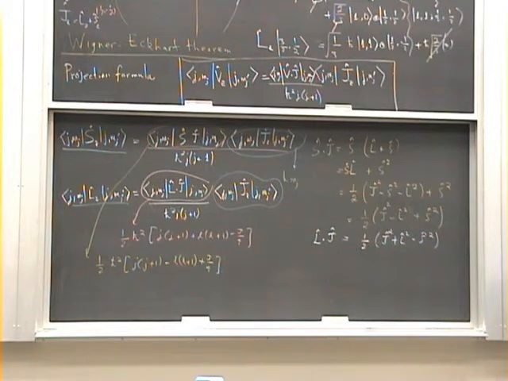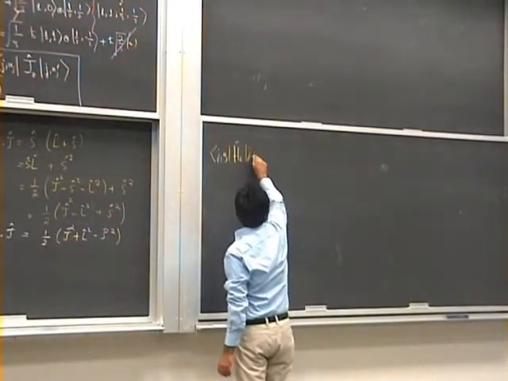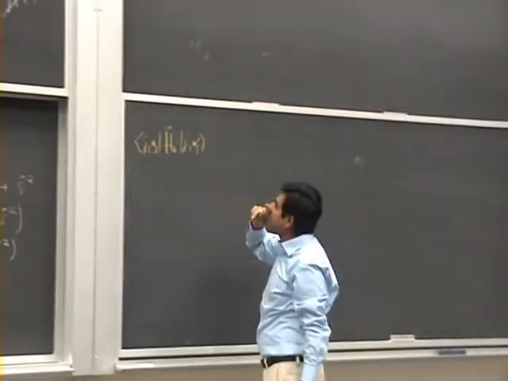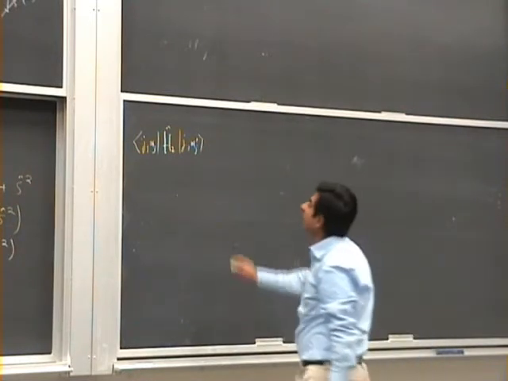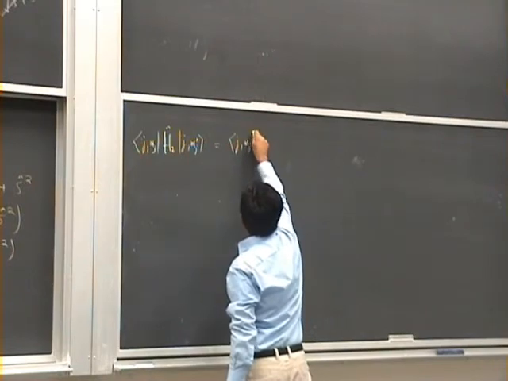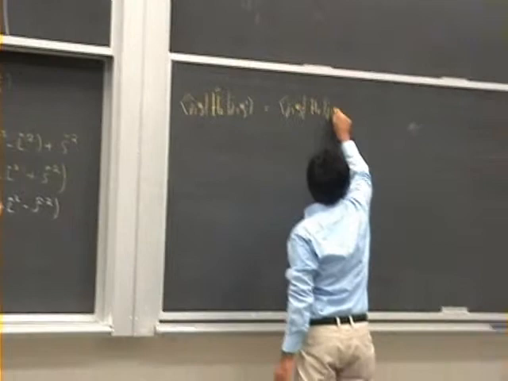Hz between J mj and J mj dash will only be non-zero when mj equals mj dash, so it equals ⟨J mj| Hz |J mj⟩.